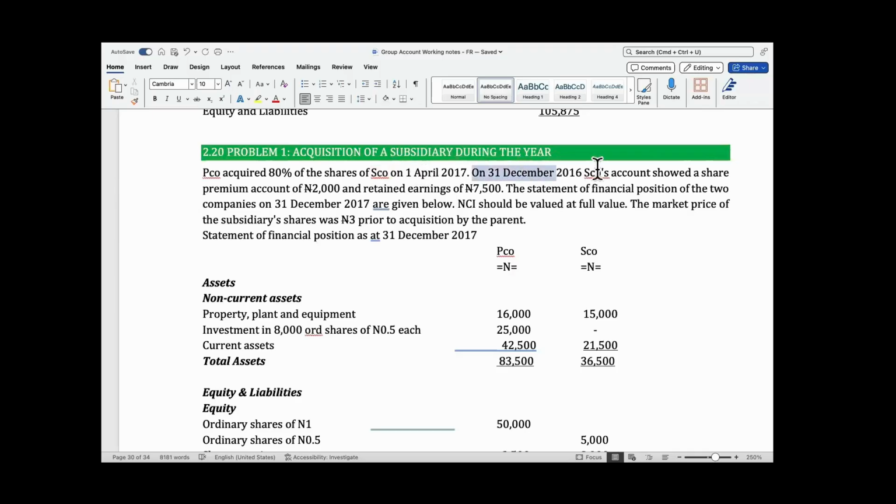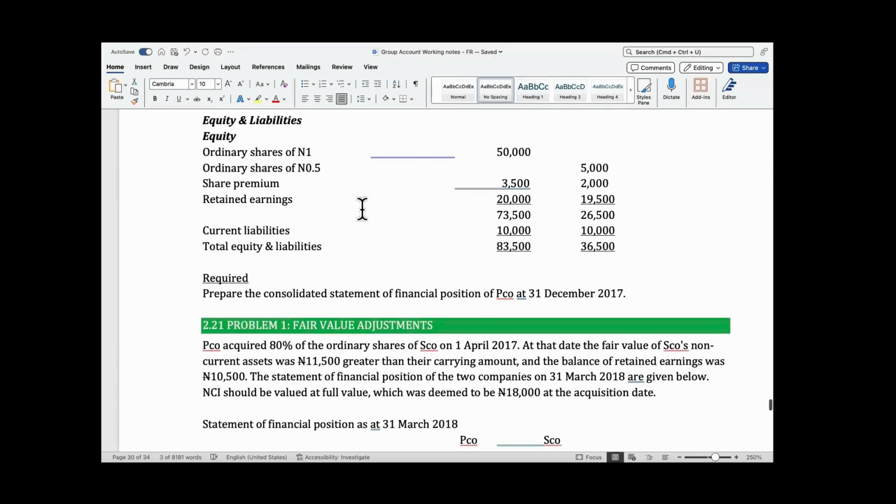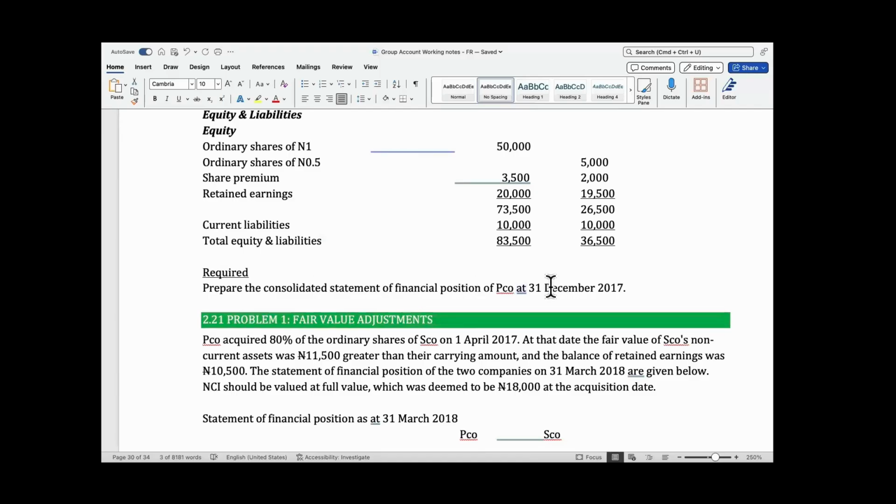And we are told that on December 2016, ESCO's accounts showed a share premium of 2,000 and retained earnings of 75. We are told the statements of financial position of the two companies on 31st December 2017 are given below. NCI should be valued at full value. The market price of the subsidiary shares was 3 naira prior to acquisition by the parent. I'm now asked to prepare the consolidated statement of financial position as at December 2017.